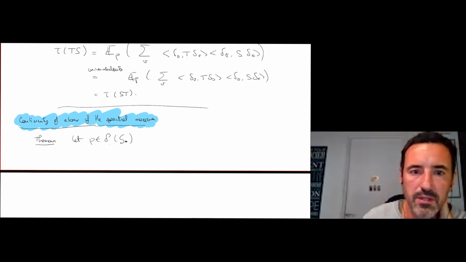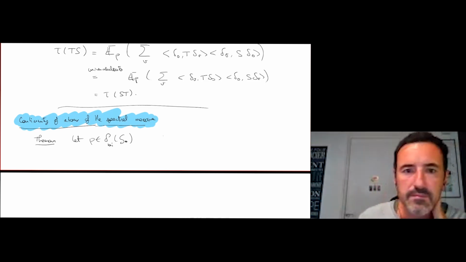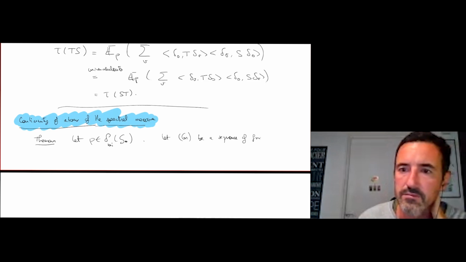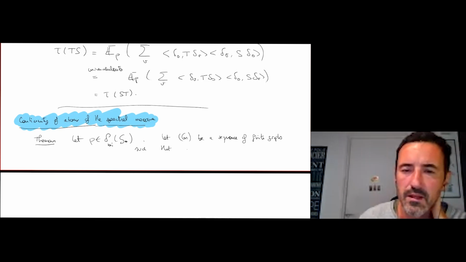Let G_n be a sequence of finite graphs such that G_n converges in the Benjamini-Schramm sense to rho.